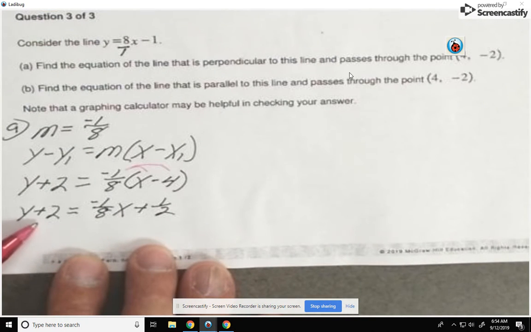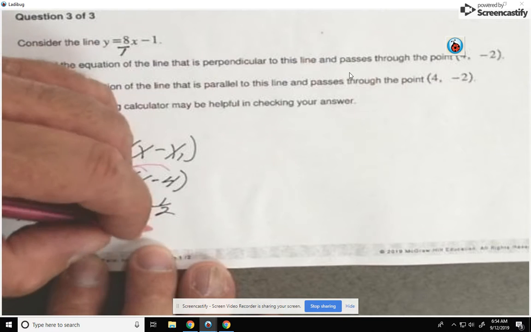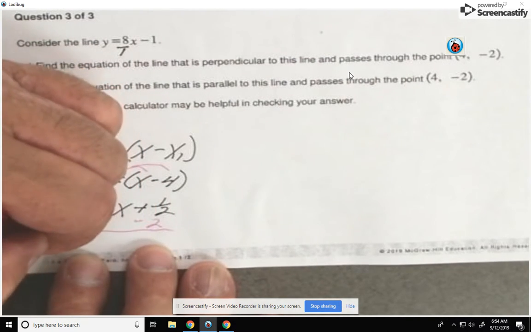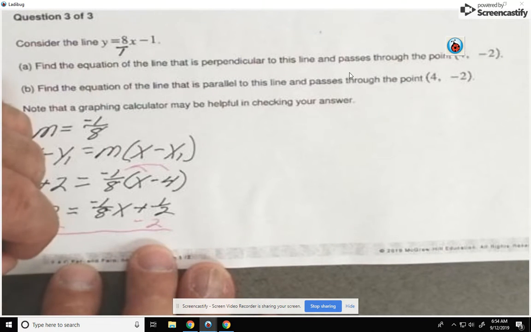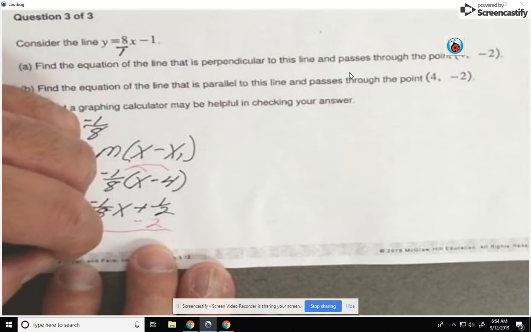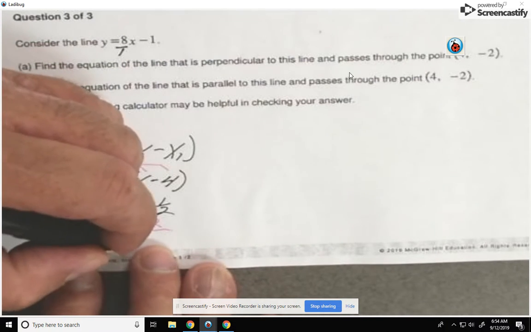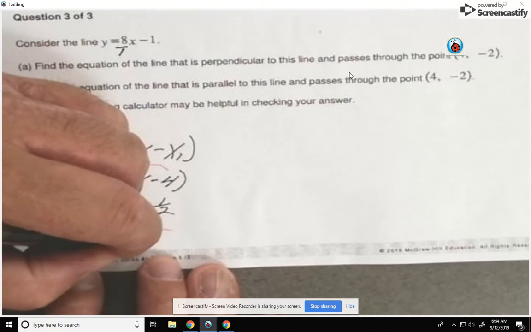Second, we have a plus 2 here, so we know we would subtract 2 from both sides, and we would get y equals negative 1/8 x minus 3/2.